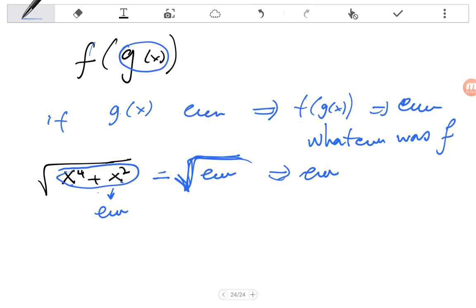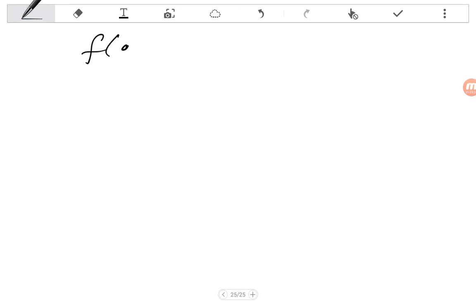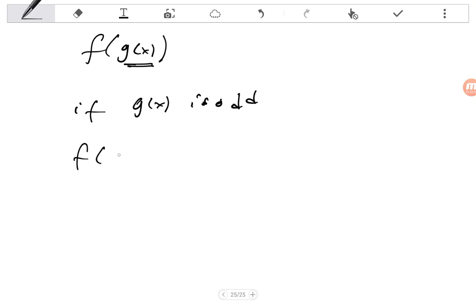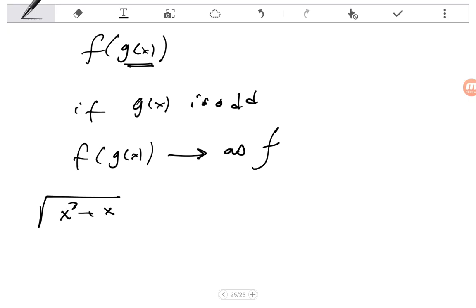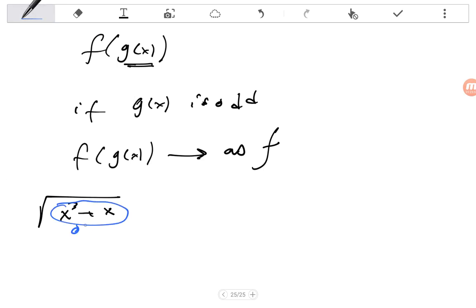Okay? What about if the insider function is odd? If g of x is odd, in this case, f of g of x will be as f. So, for example, if I had x cubed plus x, in this case, the insider function is odd.